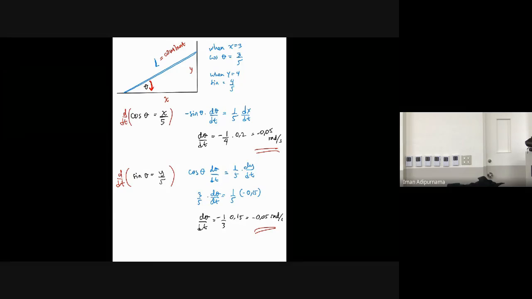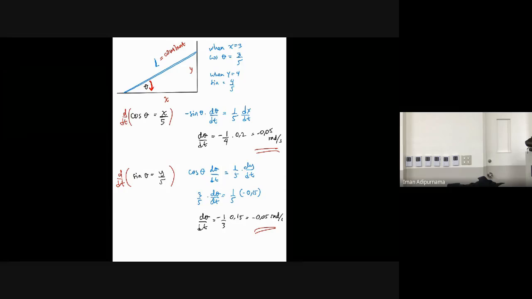We can use, based on previous information, that our x is 3, our y is 4. But we need to check when y and x are changing, meaning we need y and x as variables.